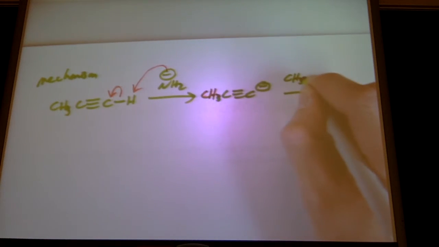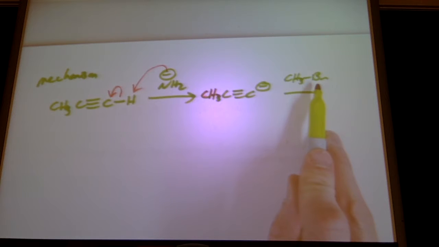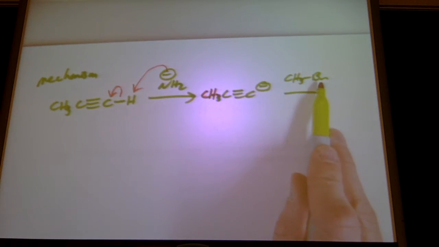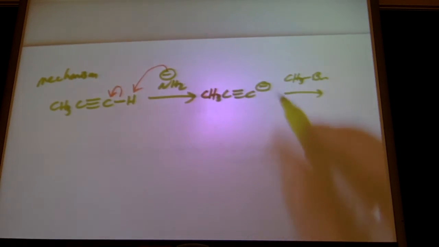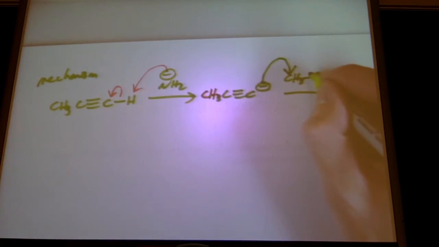So if I have an alkyl halide, I have a polar covalent bond, electrons are being pulled towards the bromine, so partial positive charge here, and that negative attracts that partial positive.